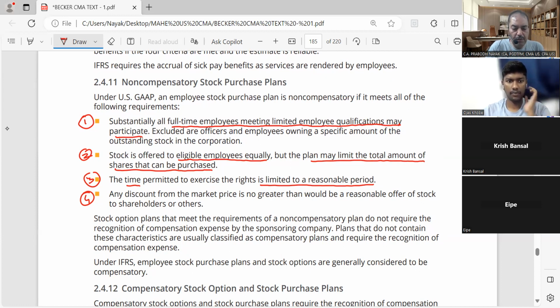What have you understood? And what is this compensation expense that they are talking about? Require the recognition of compensation expenses. Tell me what is the meaning of this?